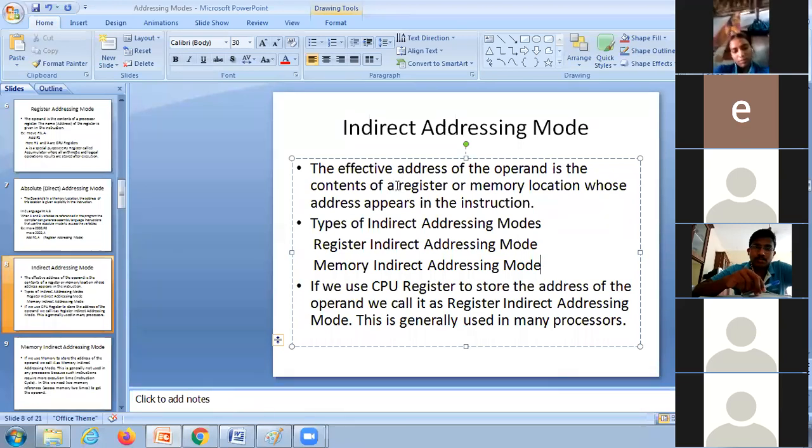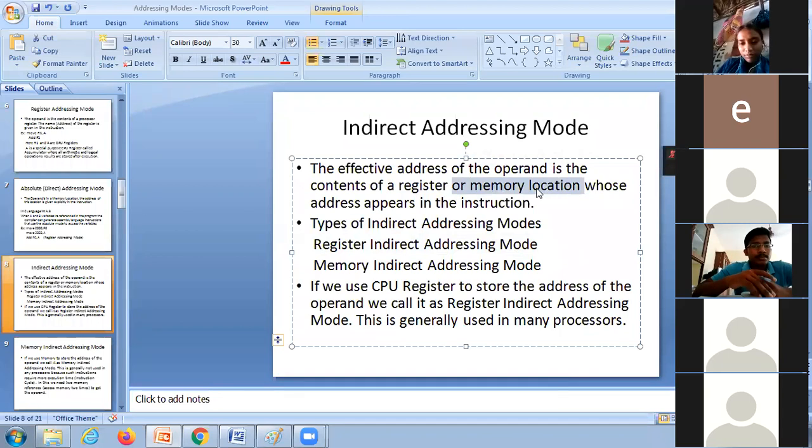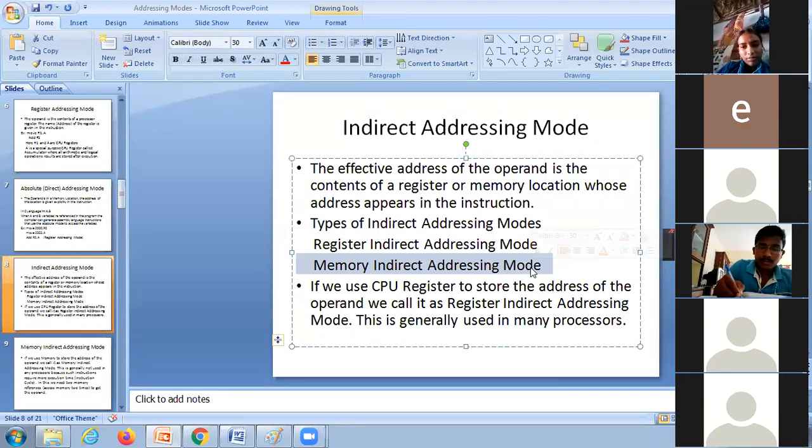If you use a memory location for indirecting the address, that is called memory indirect addressing mode.